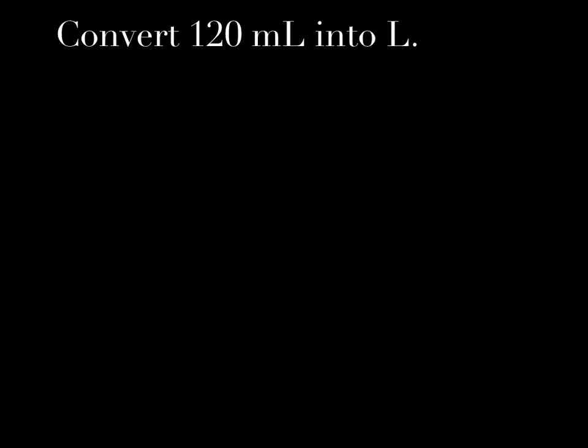Let's try that again. In this problem, I've got 120 milliliters, and I want that in terms of liters. I've got a cat at the door. We'll ignore it. So, first I need a fact. Our fact is that 1 liter equals 1,000 milliliters. So I'm going to not write down the ratio yet.